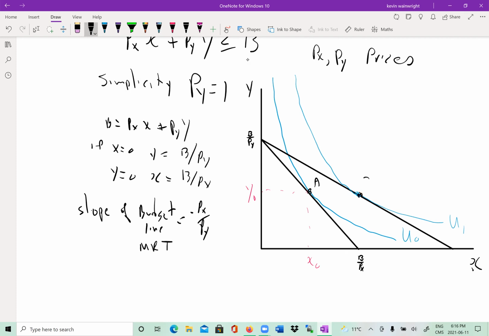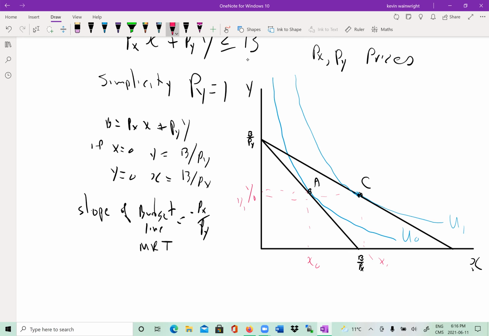And we'll call that point C. So the price of X falls and we buy more X, X1. And we buy, in this case, a little less Y, Y1.